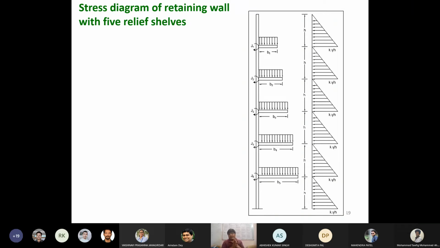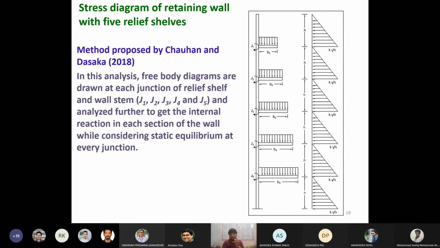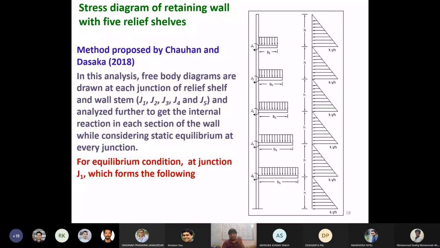Based upon this free body diagram, we have used our introduced method, and we have equilibrated the forces working at every junction. If you consider this junction, there are two kinds of forces working over there: one is the weight of the backfill, and the second is the lateral earth pressure on the wall.